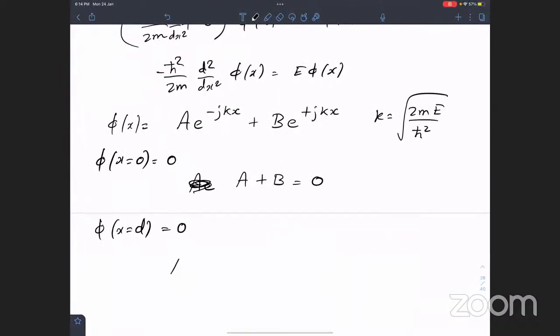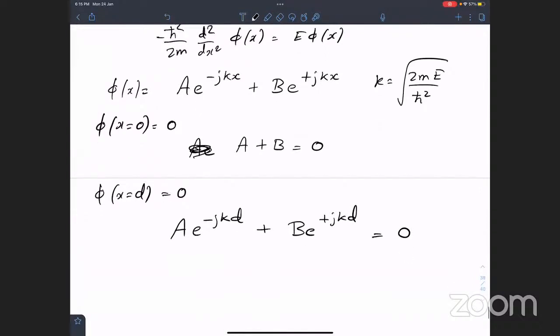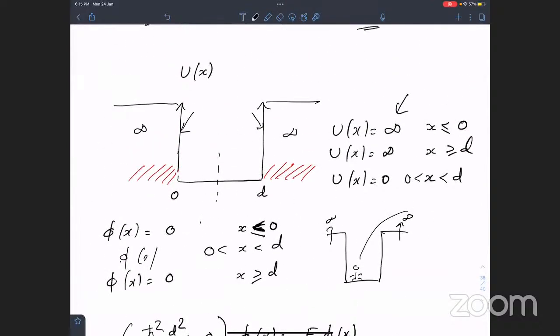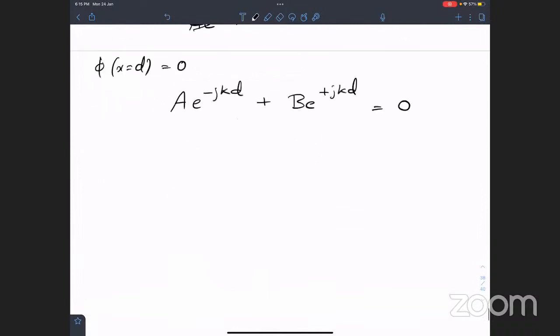So then we say a into e to the power minus jkd, plus b into e to the power plus jkd, should be 0. You can impose some other kind of conditions also, such as a condition on its derivative, but we don't need more than 2 conditions.